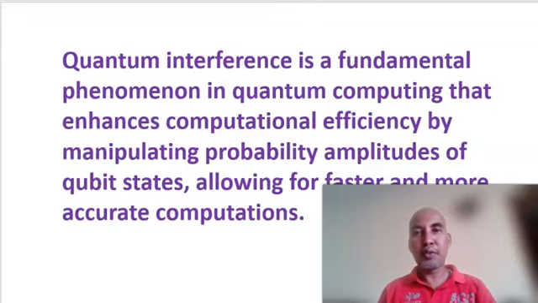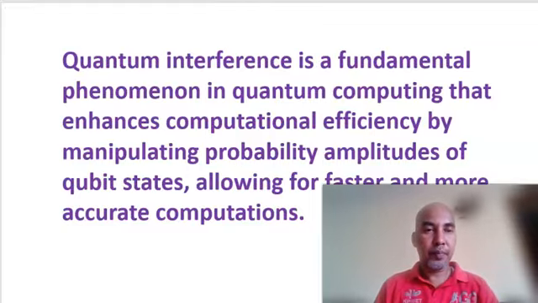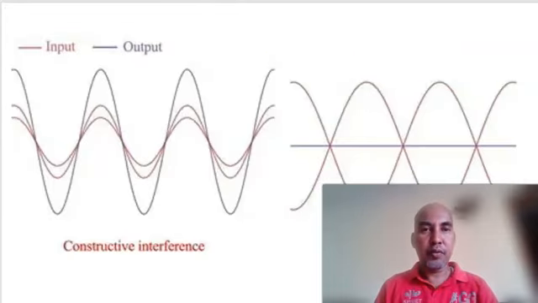So the next concept is quantum interference. It is a basic phenomenon where the particles interact with each other. For example, if you have two waves, two inputs, they can make constructive interference. If they are matching with each other and they interfere positively, their amplitude is amplified, increased.